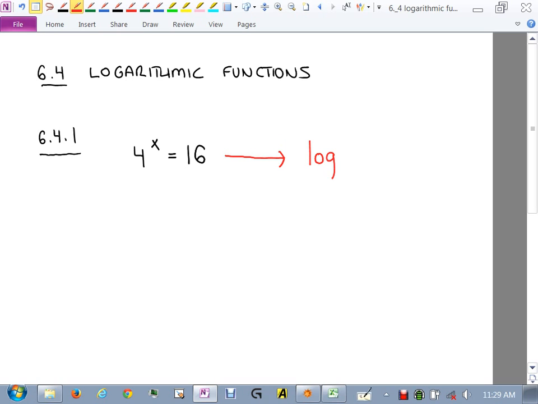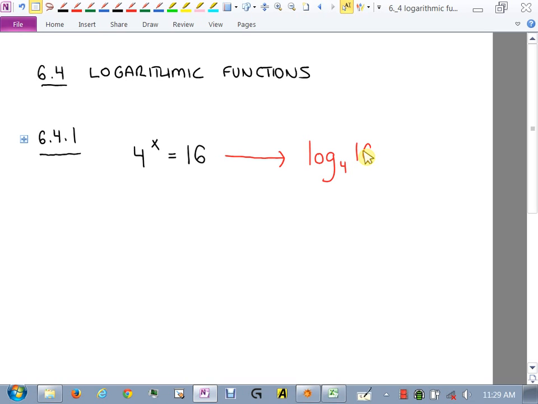Log 4, 16. Okay, log 4, 16 means that you're going to look at the 4, which we call the base of the log, and try to figure out what you would raise 4 to, to get 16.